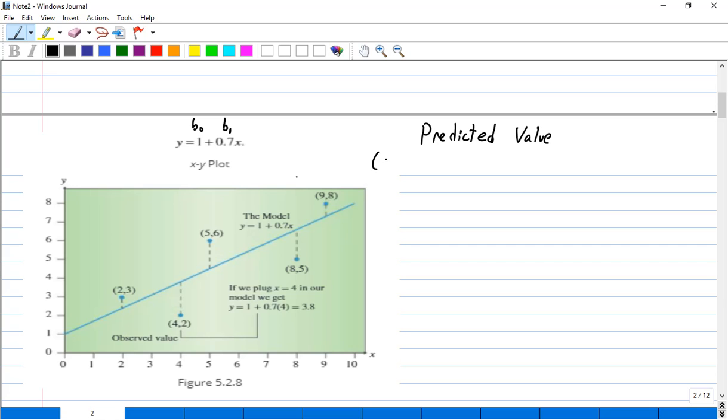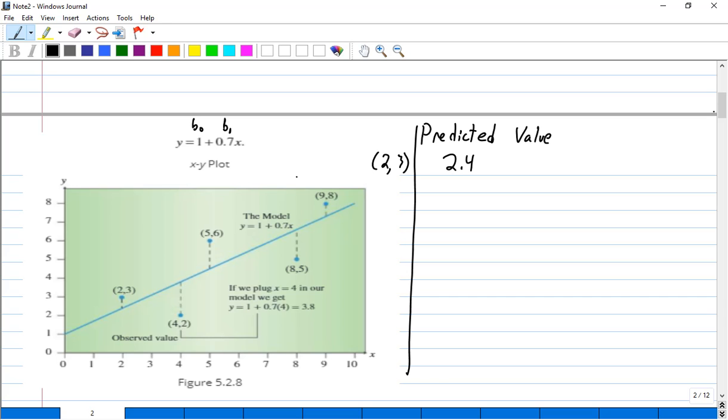So this is the point 2, 3. The predicted value is what? So if I plug in a 2, it's going to be 1 plus 0.7 times 2. So that's 1 plus 1.4, or 2.4. Right, so the predicted value at this point when x equals 2 is 2.4.